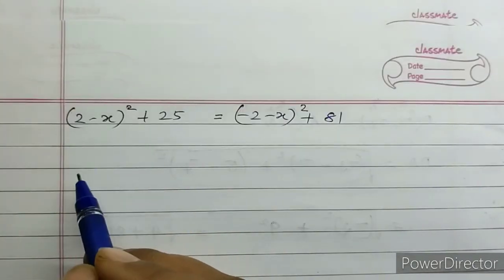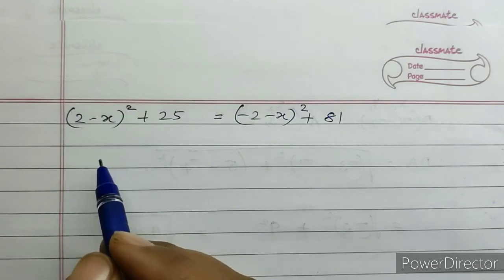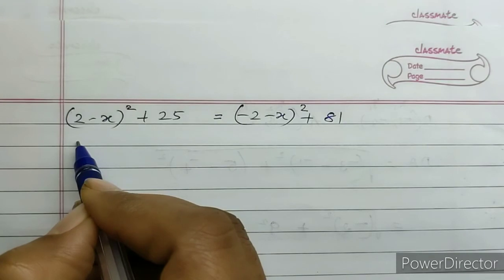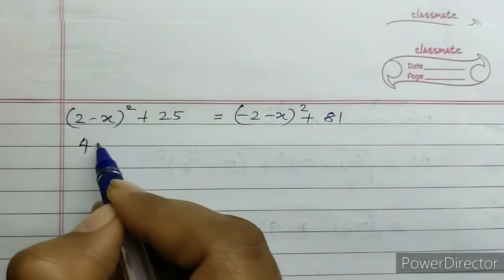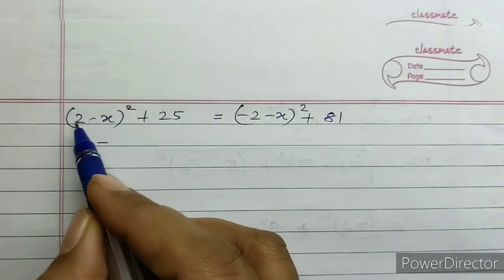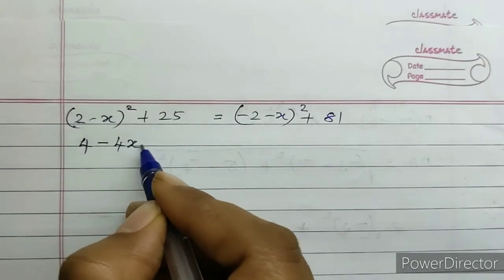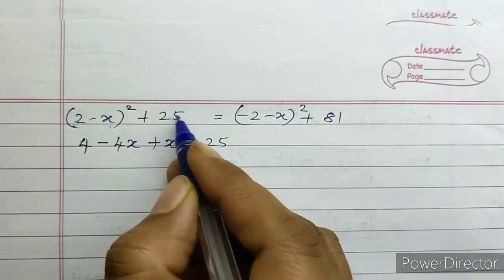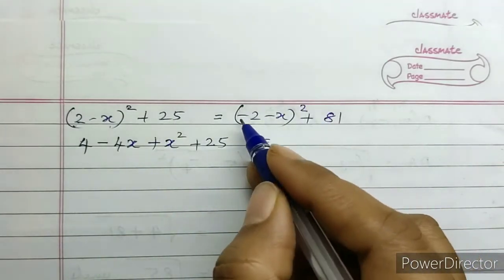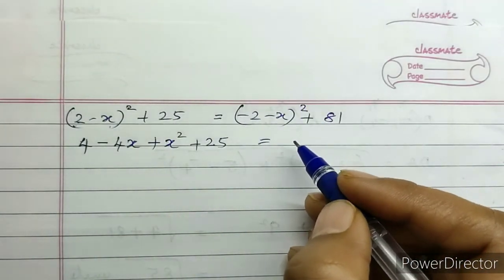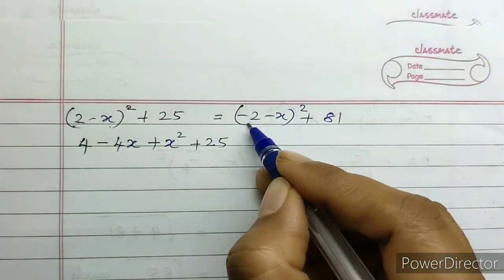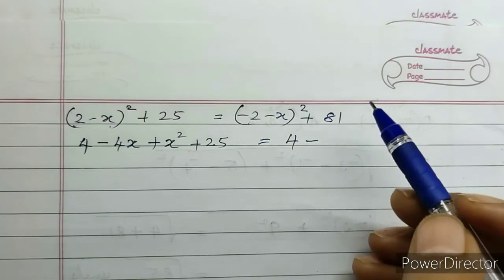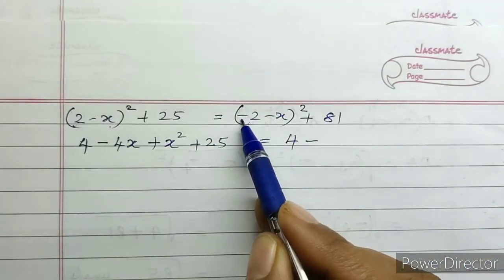(2 − x)² is of the form (a − b)², which is a² − 2ab + b². a² is 2², that is 4; minus 2ab, 2 into 2 is 4, so 4x; plus b², x², plus 25. This 25 is the same, equals. This is also of the form (a − b)²: a² is (−2)², that is 4; minus 2ab, 2 into −2 into b.